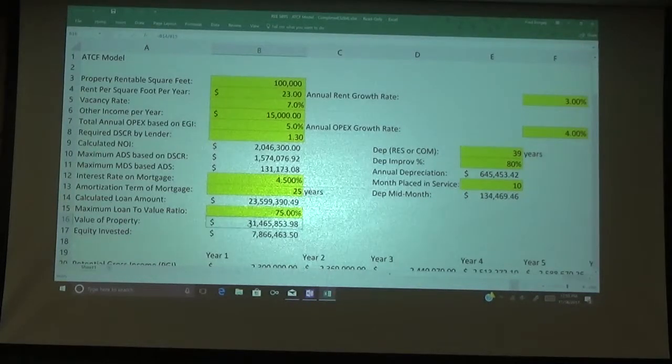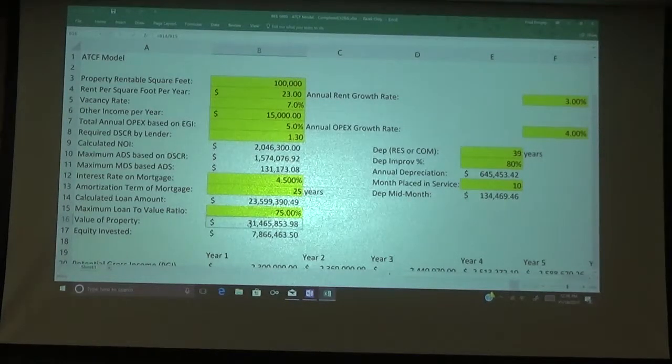Now, if that is 80% of the value, this is the value of the improvements, this is the depreciable value, and our property happens to be commercial, we're going to take this number and divide it by 39 years. So divided by 39, you get 645,453.41.